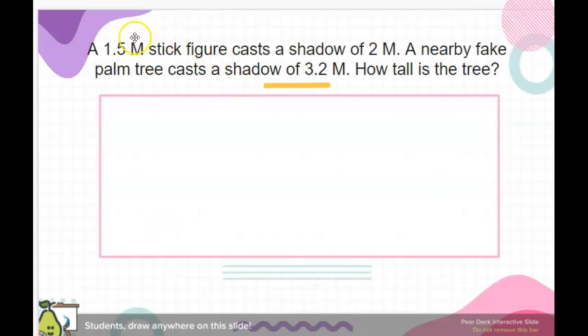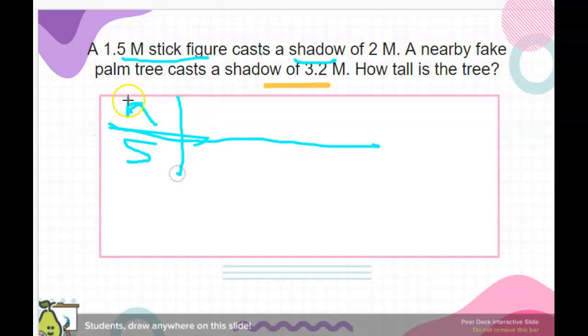This next piece, if it gives you something like this, once again, just set them up. We know that the stick figure casts a shadow, so we'll do height over shadow. Sorry, it's really hard to write on here. Now I know why you guys want whiteboards all the time. So this stick figure is 1.5, and the shadow is 2 meters.